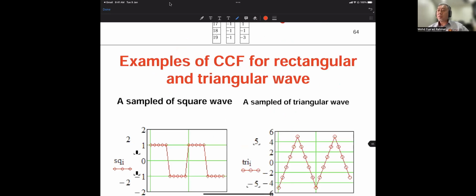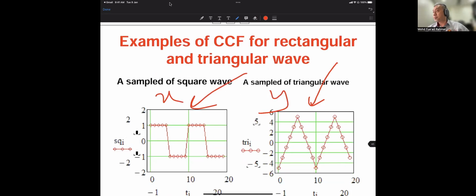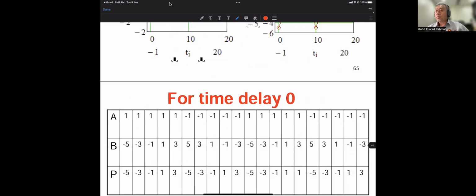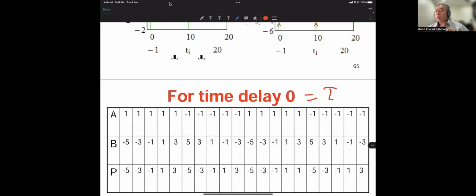Examples of CCF for a rectangular and triangular wave are plotted here. This is x and this is y. For time delay equal to 0, this is your square wave, and this is your triangular wave.